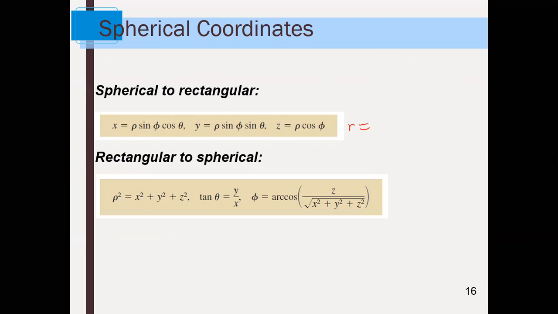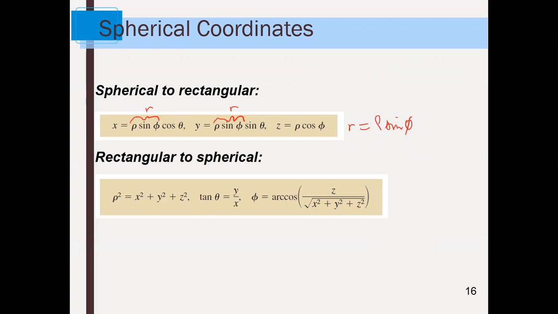R was rho sine phi, right? So this is R right here, and this is R right here. Rho squared is equal to x squared plus y squared plus z squared. Tangent of theta, we already know that's y over x. So I could figure out what theta is just based on y and x. I don't even need z at all.